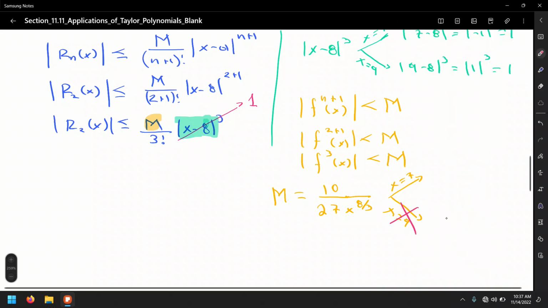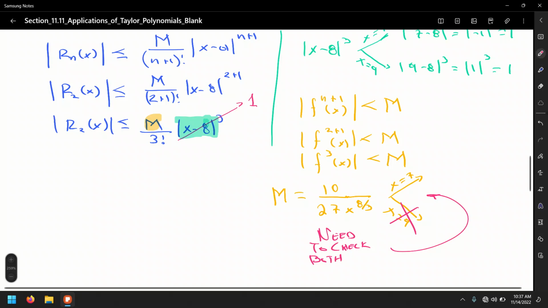And again, as a note, we need to check both and determine which one is the maximum actually.